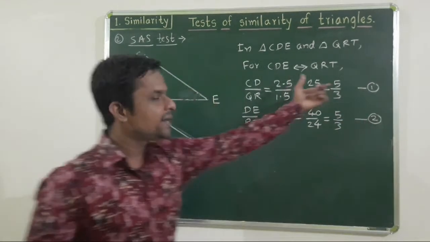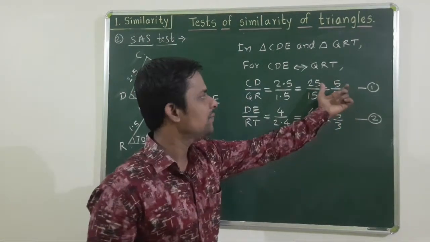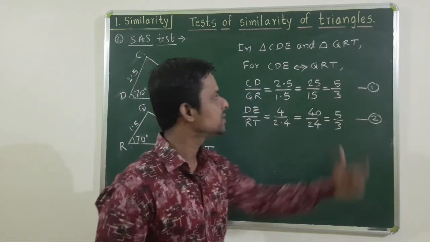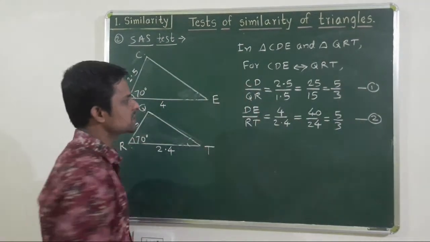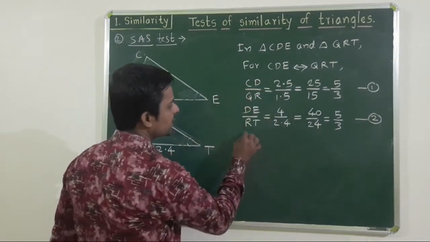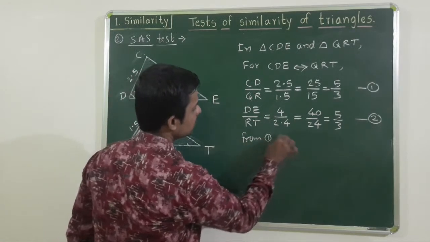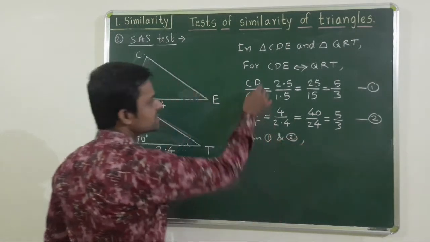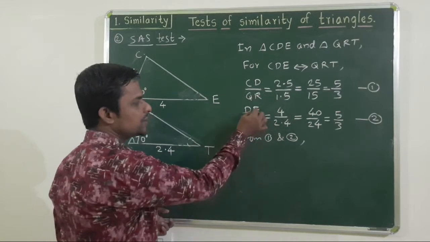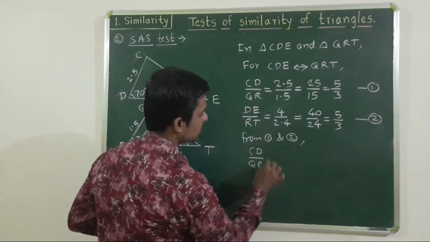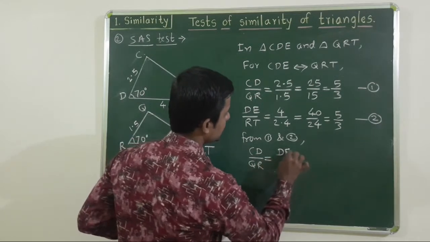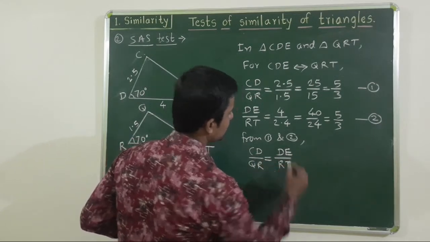Hence from 1 and 2, both are having value 5 upon 3. Therefore, their right hand sides are same, therefore their left hand sides will also be same. Therefore, from 1 and 2, I can write CD upon QR is equal to DE upon RT.